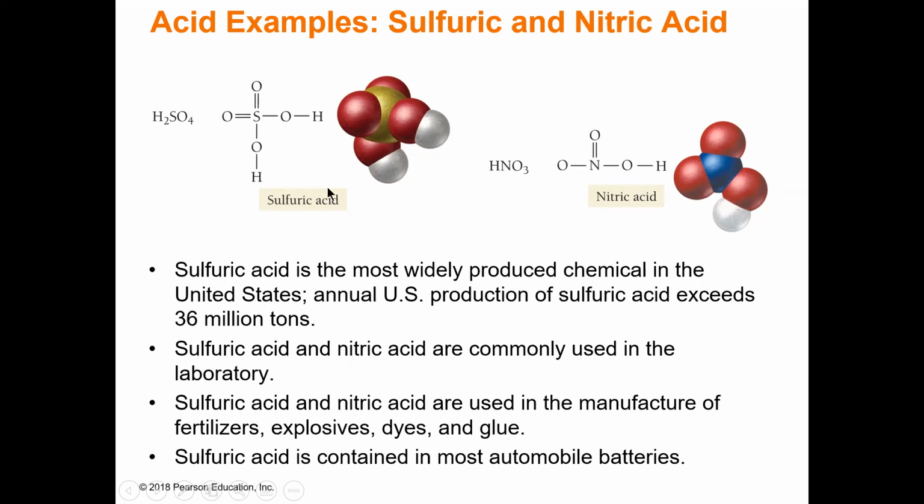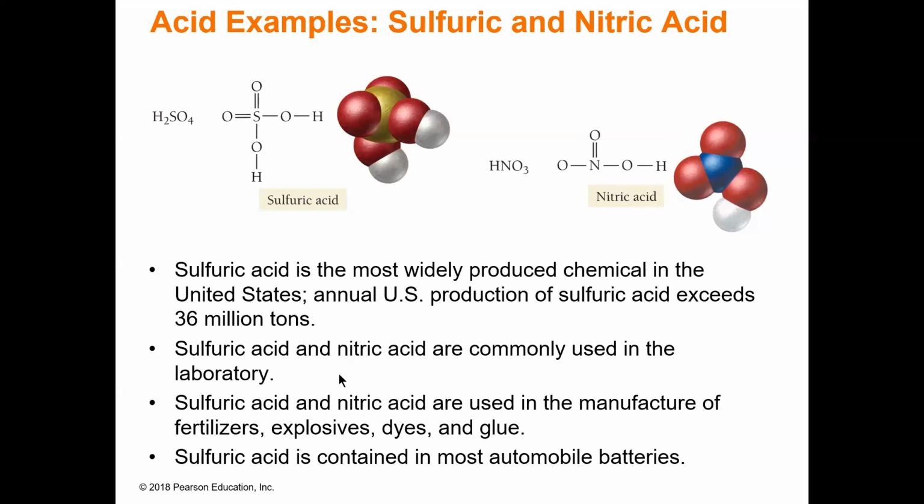Sulfuric acid is the most widely produced chemical in the United States. 36 million tons, it's probably more than that now. These are both used in laboratory settings. And then sulfuric acid and nitric acid are used to make fertilizers, right? Which we grow a lot of food here, so that is an important component.